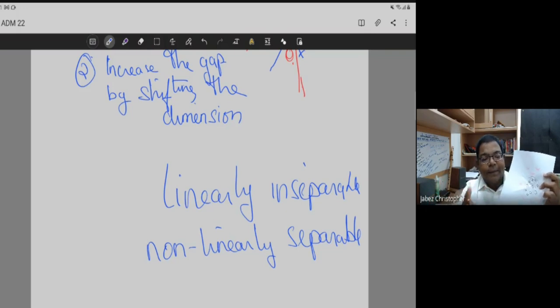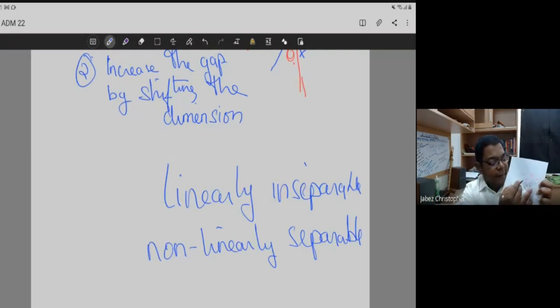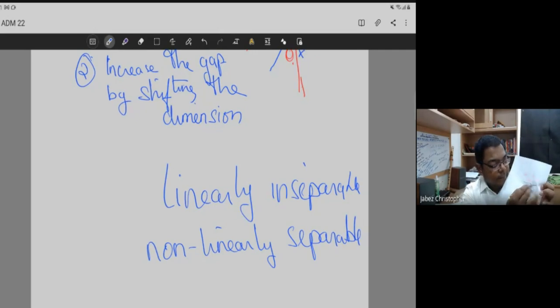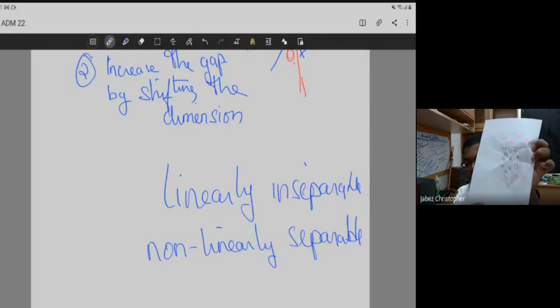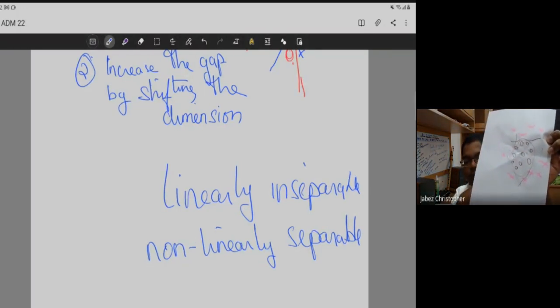When I am not able to separate using a linear separator, I can go for non-linear classification methods. That is different. Or I can go for piecewise classification, whereby I fit different linear lines. Is this visible? I fit different decision lines.